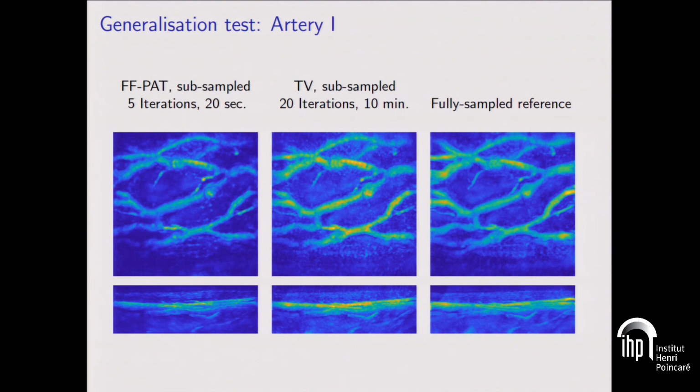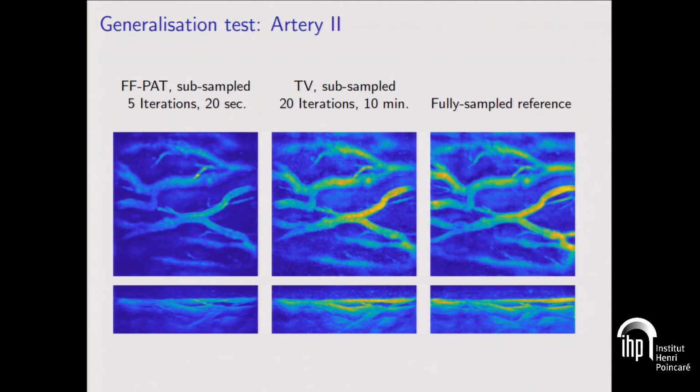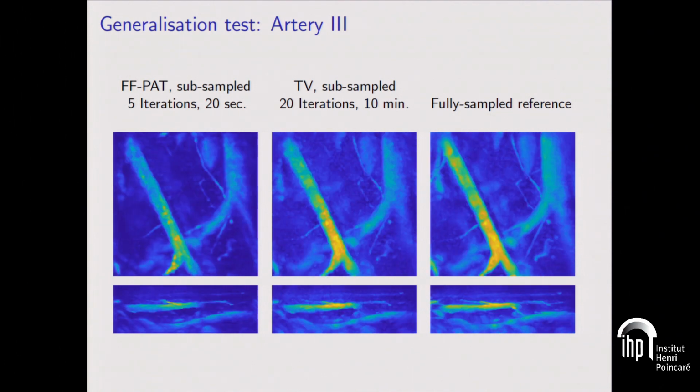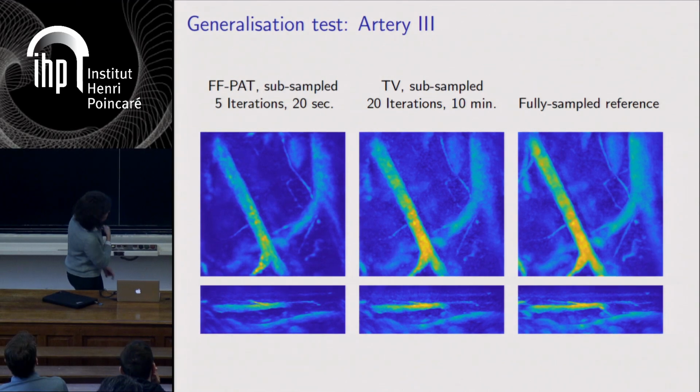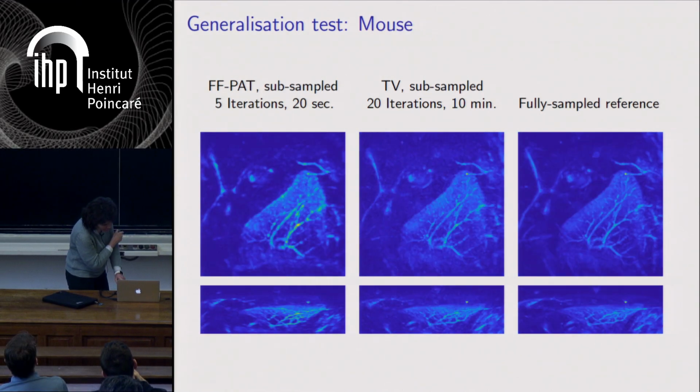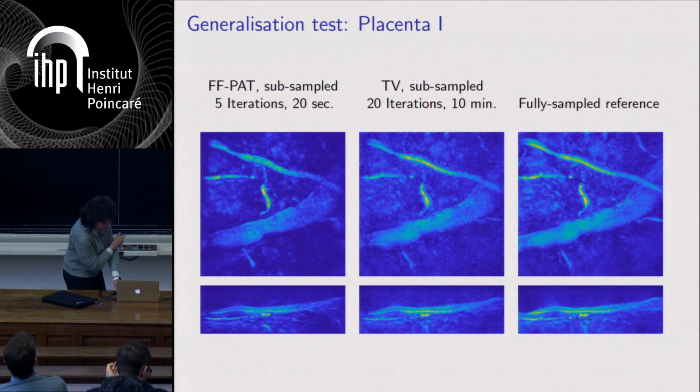If I scroll through, all these images are arranged exactly the same, so you can see similar situations. There is some loss of contrast happening here. This is not so much here. Apparently this was still happening. Here the contrast is enhanced. So there is some kind of issue with that.